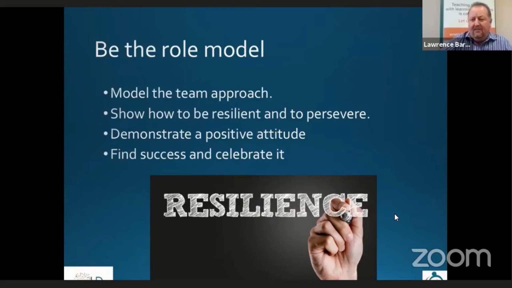So early on, you need to model it. You need to be part of a team approach with the school and the teachers. You need to really model, I know it's a cliche, that win-win, so that they'll see that advocacy is, to use a very old expression, you'll get more with honey than you do with vinegar. So teaching them to build relationships that support their advocacy, they will see it from you first.